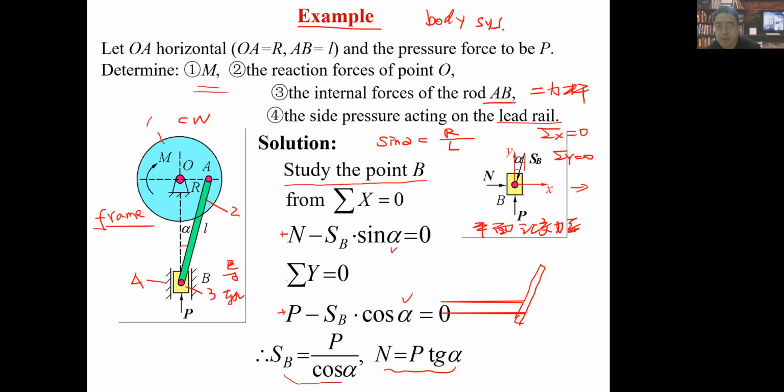So from the action and reaction force, that means this AB will be pushed along the AB direction. So we have this SB prime, and here is SA prime. That means the magnitude of SB prime and SA prime will equal SB. And once again, when we select the wheel to be studied, from the action and reaction force, we also have this.